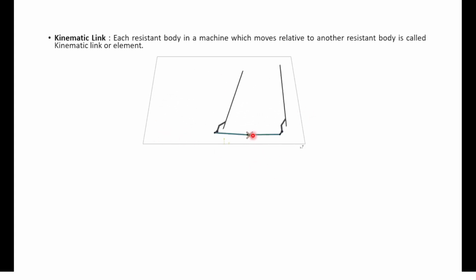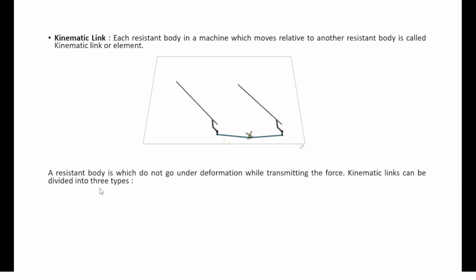Here this cross sign is continuously rotating in a counterclockwise manner because of some provisions. These links, which are nothing but the wipers, are moving over the windshield, which makes for better visibility for the driver and passengers. It is a resistant body, which does not undergo deformation while transmitting the force.